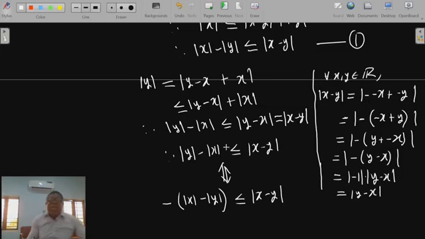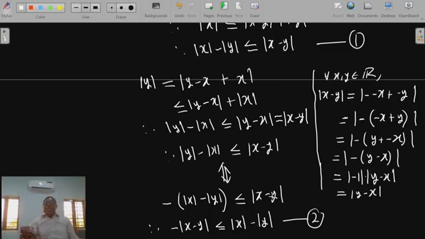So having got this, I can now multiply both sides by minus 1 to get therefore that minus absolute value of x minus y is less or equal to absolute value of x minus absolute value of y. And this I'll call 2.